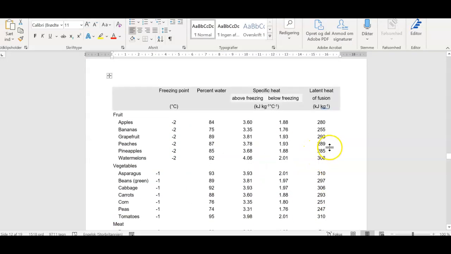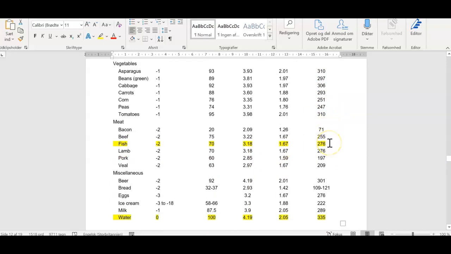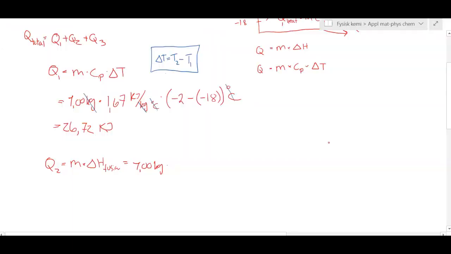So we can see here that the latent heat of fusion for fish is 276 kilojoules per kilo. So that is 276 kilojoules per kilo. And when we do this calculation, then it is also 276 kilojoules. The units cancel. We have kilos and kilos, so we have kilojoules left.